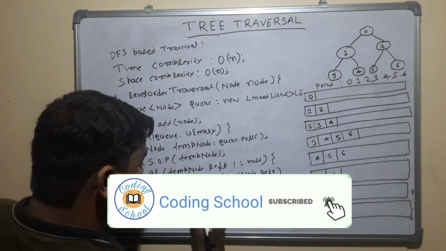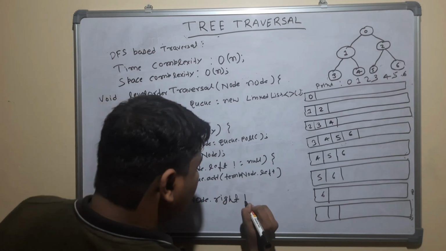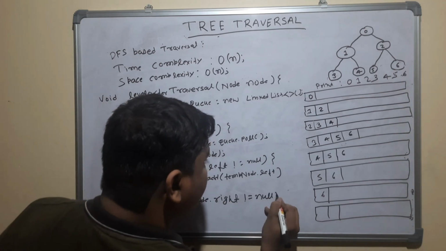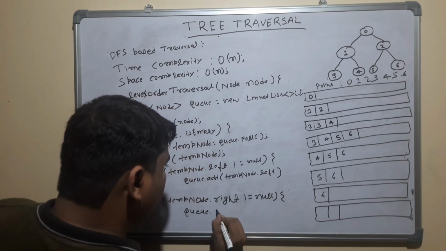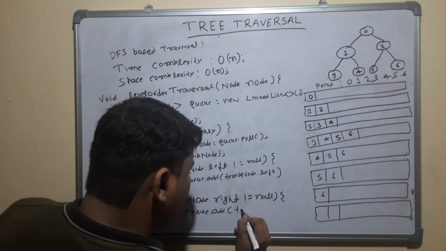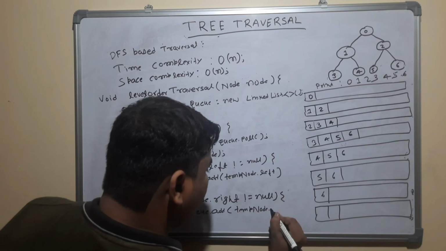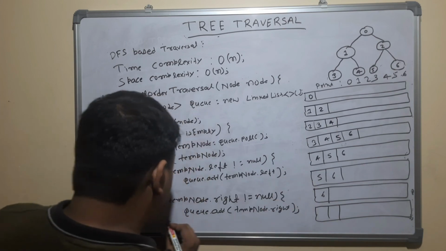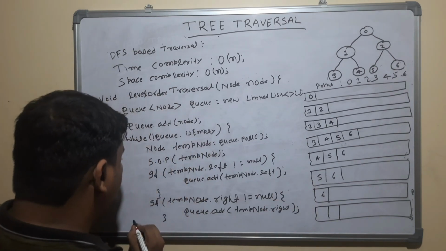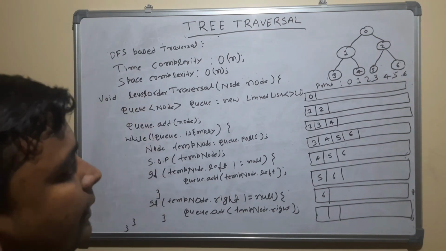If temp node dot right not equal to null, then q dot add temp node dot right. So this one is the level order traversal program.